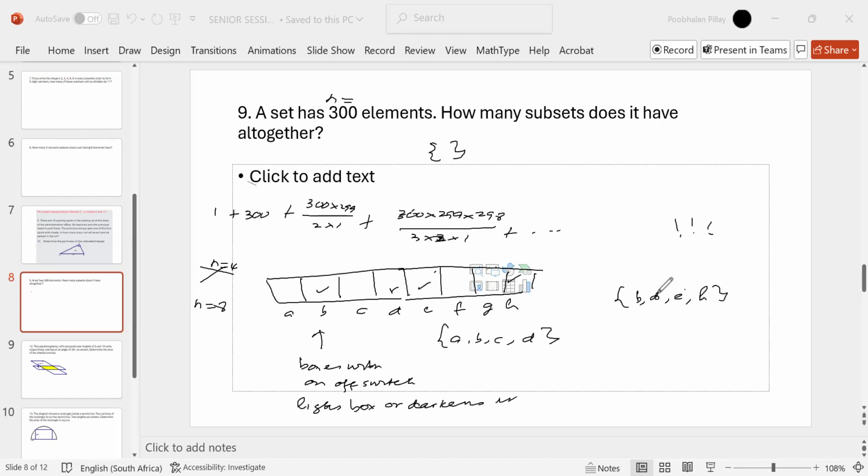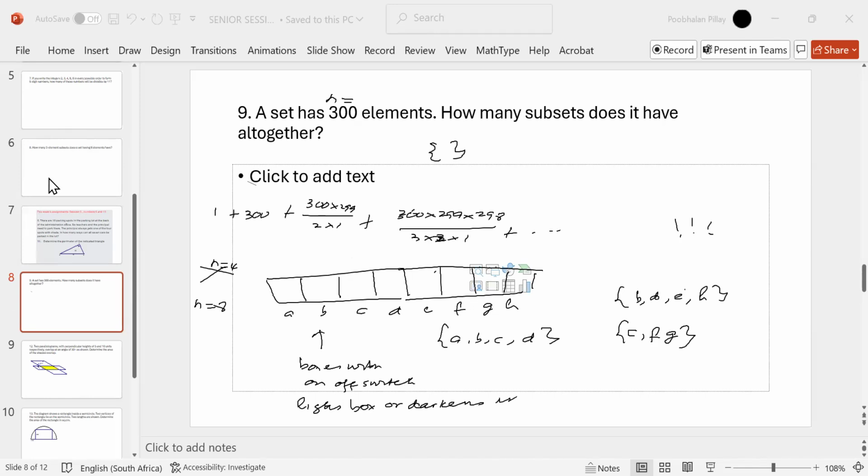It means that no matter which subset I take, there is a lighting that takes place. If I took C, F, and G, for instance, then I will light up just the boxes which have got C, F, and G, right? And that will be the lighting that corresponds to that subset.